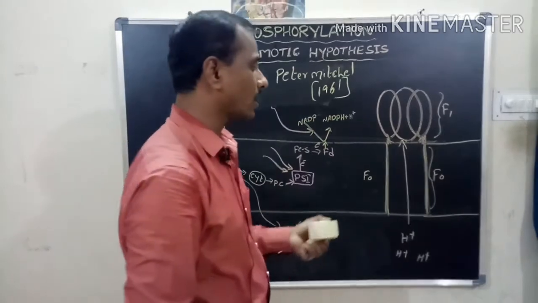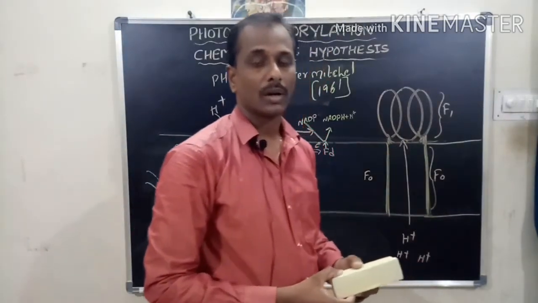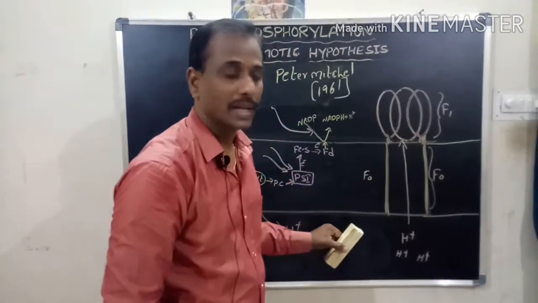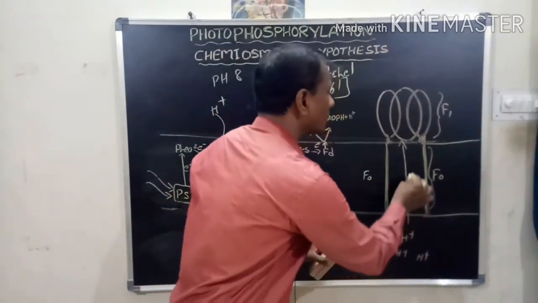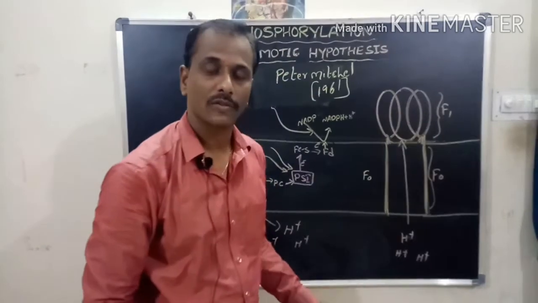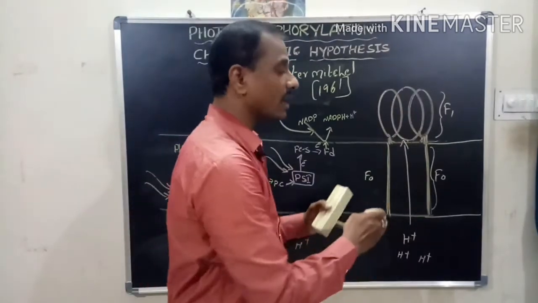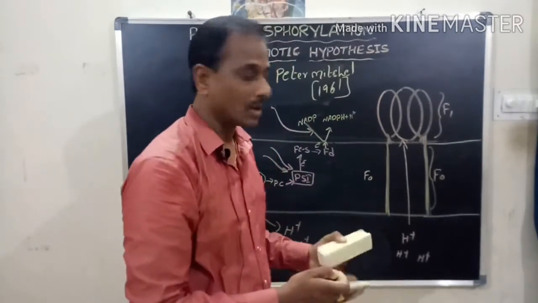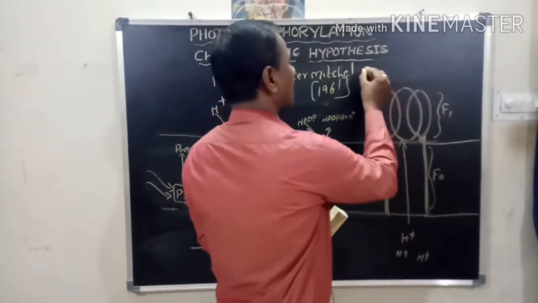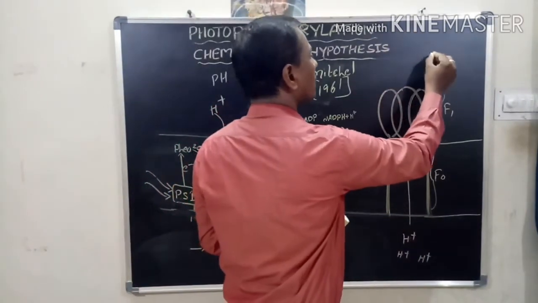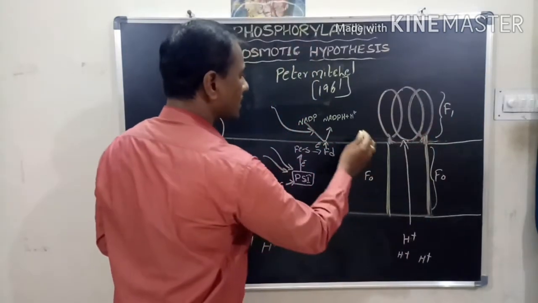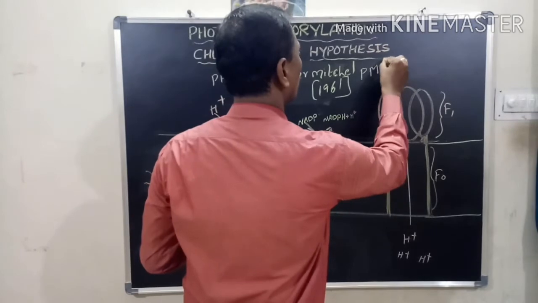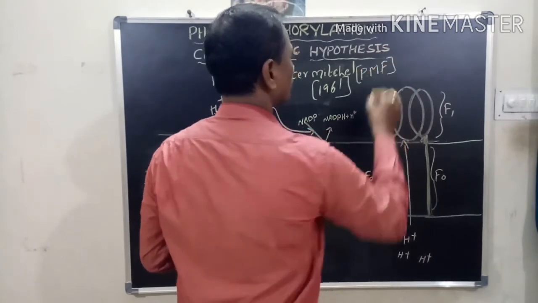He first discovered the synthesis of ATP. How? Through the F0 F1 complex. H plus ions move towards this bridge, the F0 channel. They release energy, that is, they exert a force. This force is called the proton motive force, PMF.